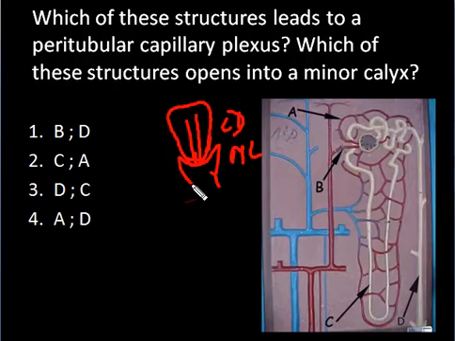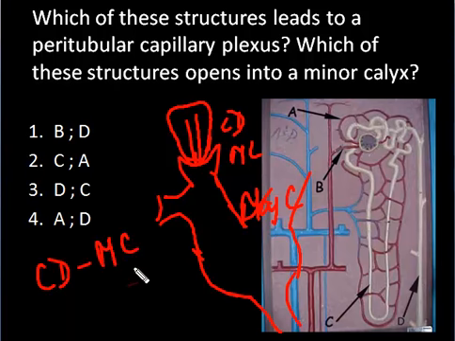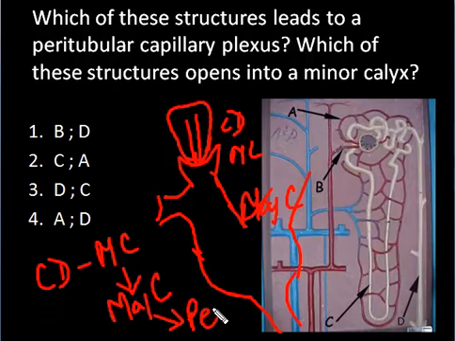The minor calyces, you have a couple of them, open into a major calyx, and then the major calyx opens into the pelvis, and then the pelvis becomes the ureter. So you have collecting duct going into minor calyx, which opens into a major calyx. The major calyx goes into the pelvis, and the pelvis then leads into the ureter.